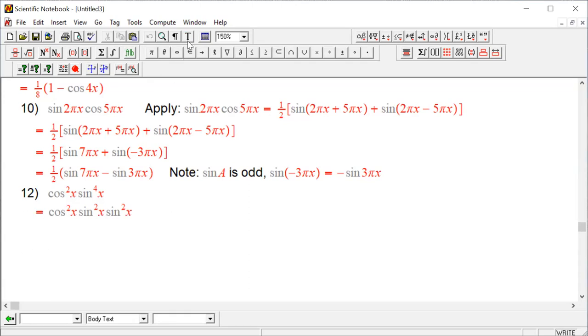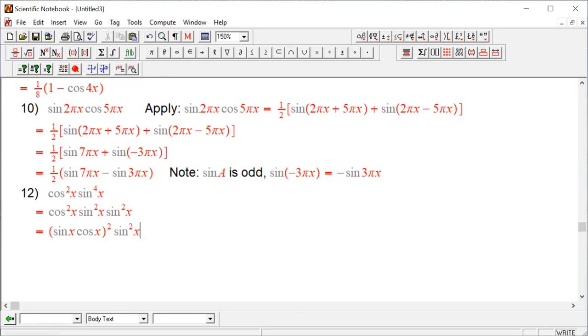We're going to bring these two together, and that will make sine x cosine x, all squared. And the next one, of course, we have sine squared of x outside.